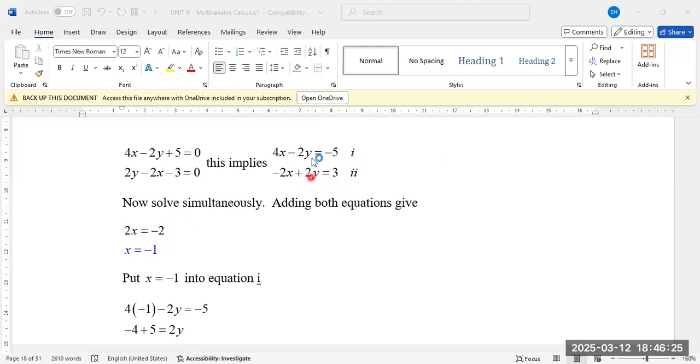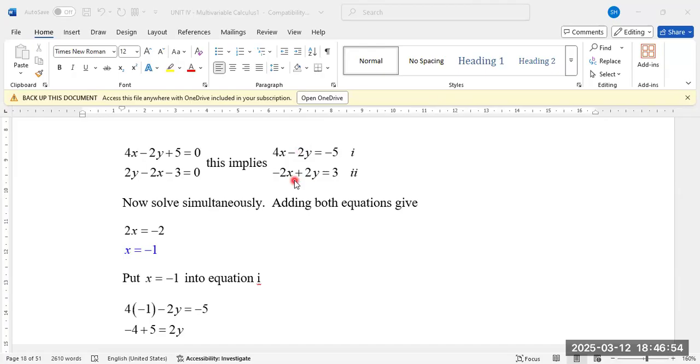So when I add equation 1 to 2, remember, our aim is to get the coefficient of either x or y to be the same. When I look at the equations above, I recognize I have minus 2y and positive 2y. So the coefficients of the y's are the same, but what is also very important is that the signs are different.